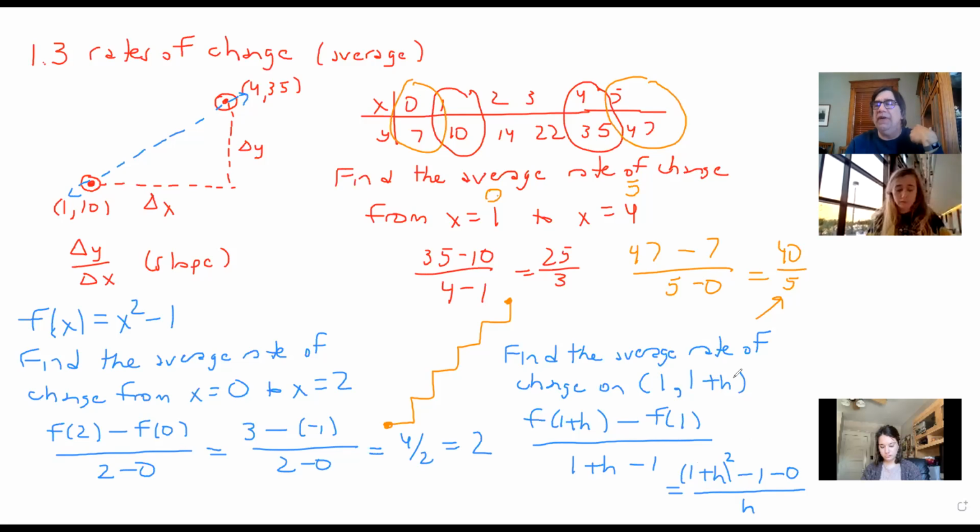So if this number is very, very small, these numbers are very close together, how much are the outputs changing on that particular interval? For us, all we need to do now is calculate it, and then we'll analyze it later. Now this can be simplified, but I left it in this form, just showing you that your answer will be in terms of h.